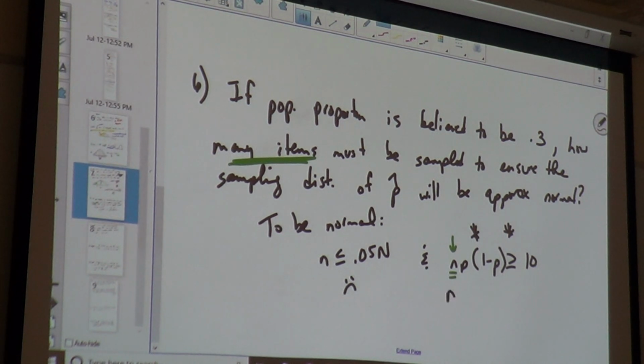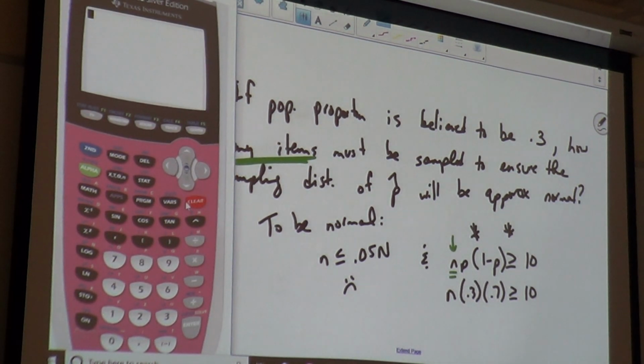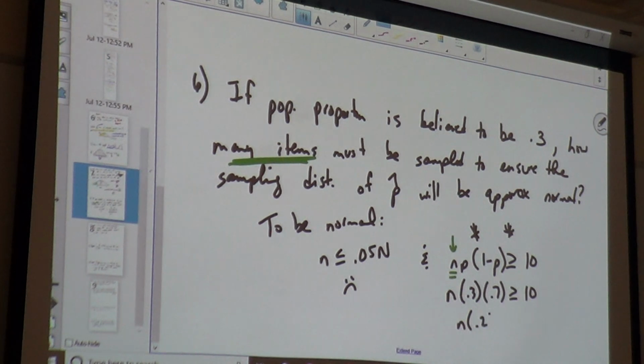So n times p, which is 0.3, times 1 minus p, which is 0.7. 0.3 times 0.7 gives me 0.21. So n times 0.21 is greater than or equal to 10.